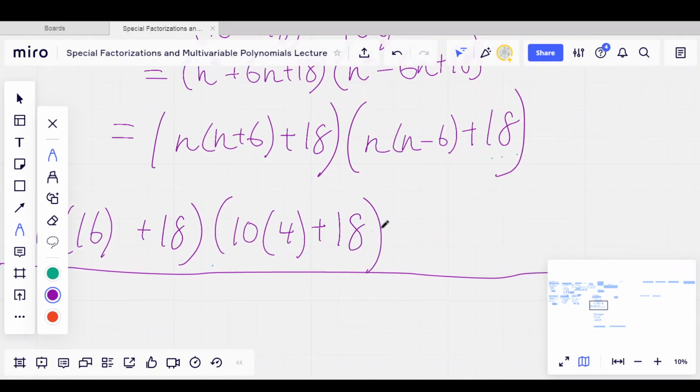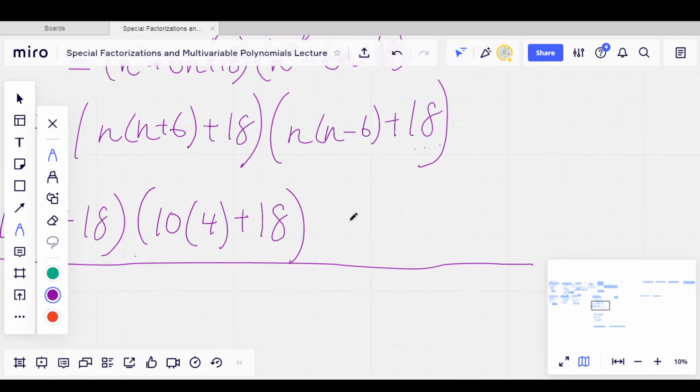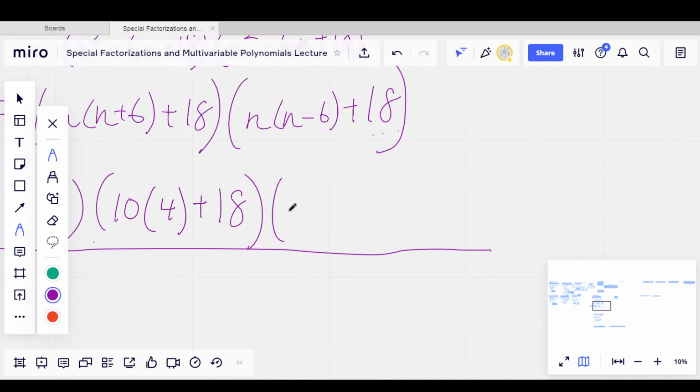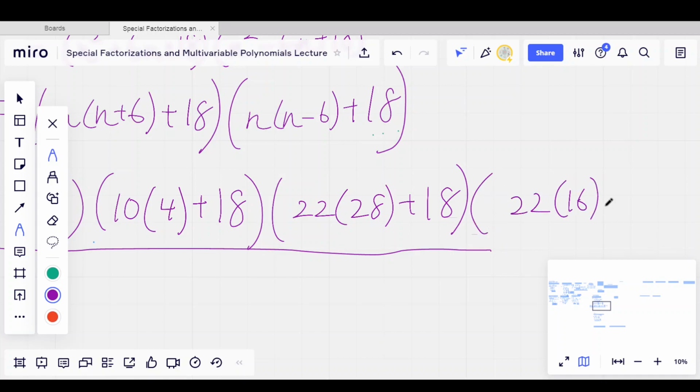Okay? This is just f of 10. And then I'll just write one more term here. So 22 times 28 plus 18 times 22 times 16 plus 18.